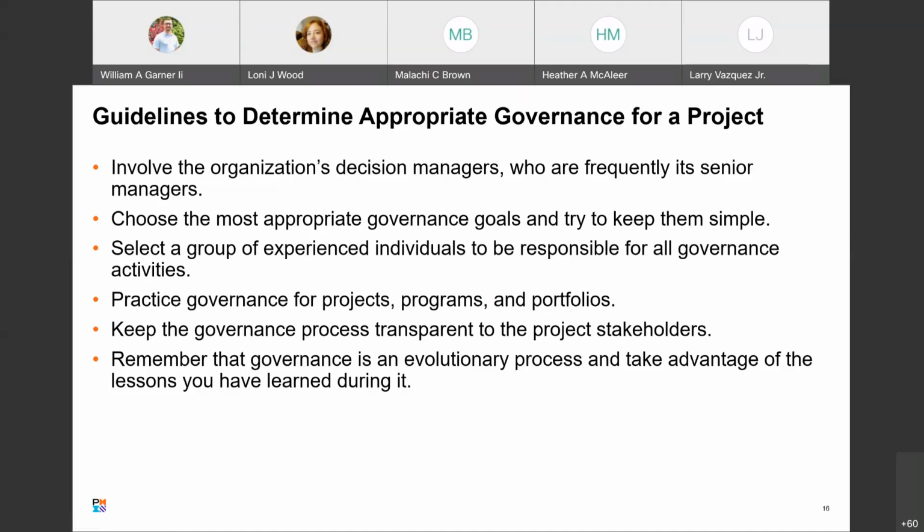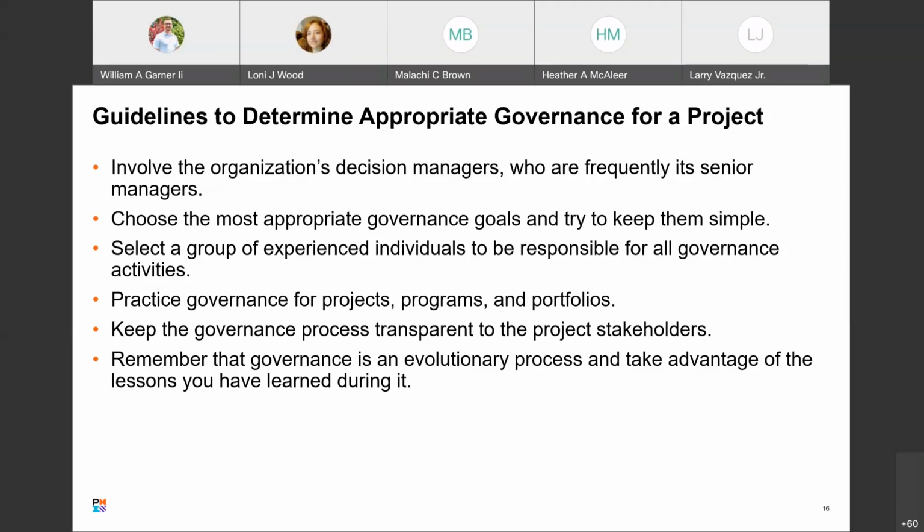Choose the most appropriate governance goals and try to keep them simple. Select a group of experienced individuals who are responsible for all governance activities. Practice governance for projects, programs, and portfolios. Keep the governance process transparent to the project stakeholders. Nothing to hide, right? Just keep it transparent.